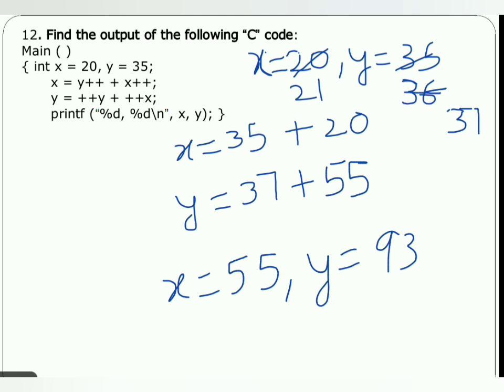Pre-increment means we have to increment the value and then write the value, that is 37. Plus pre-increment x value. So what is the new x value here? The x value is 55. So now y equals 37 plus 55, that is y equals 93. So this is the answer here: x equals 55 and y equals 93.